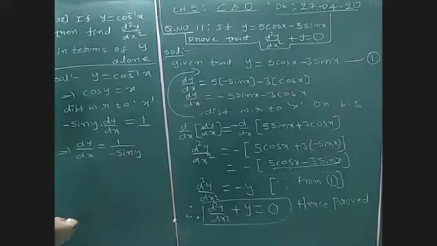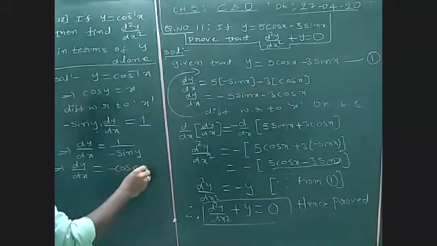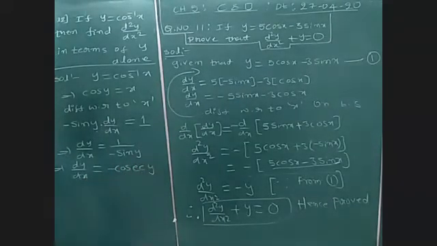1 by sin can be written as cosecant, so dy by dx is equal to minus cosecant y.